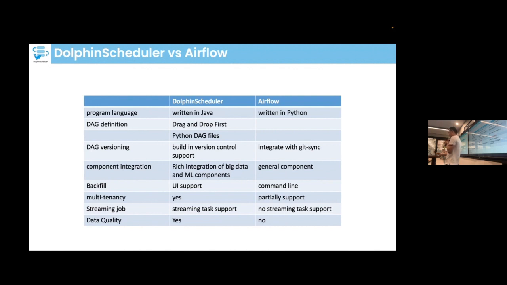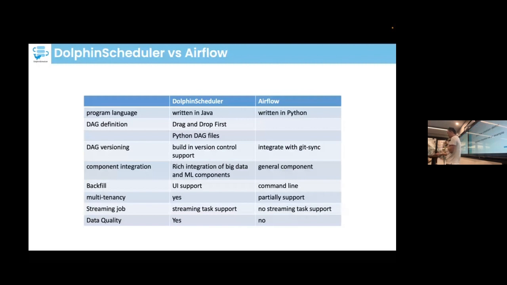I think Python developers will mostly choose Airflow. But if you are a data engineer familiar with Java, or you have users who are not developers, then you can choose a different scheduler.